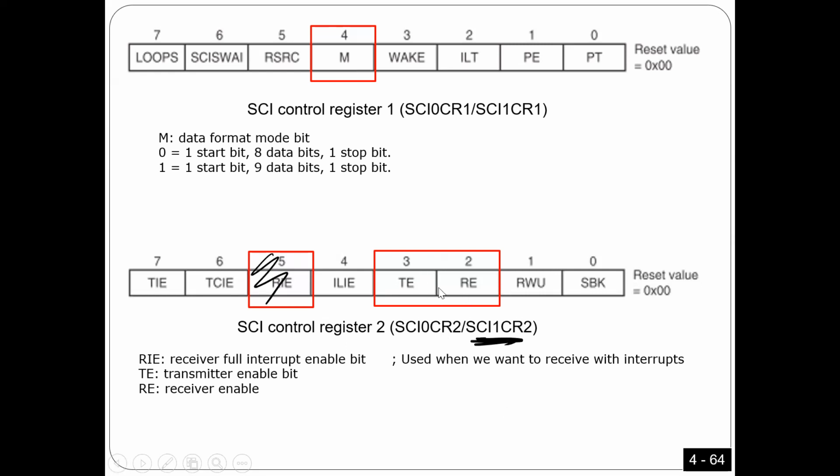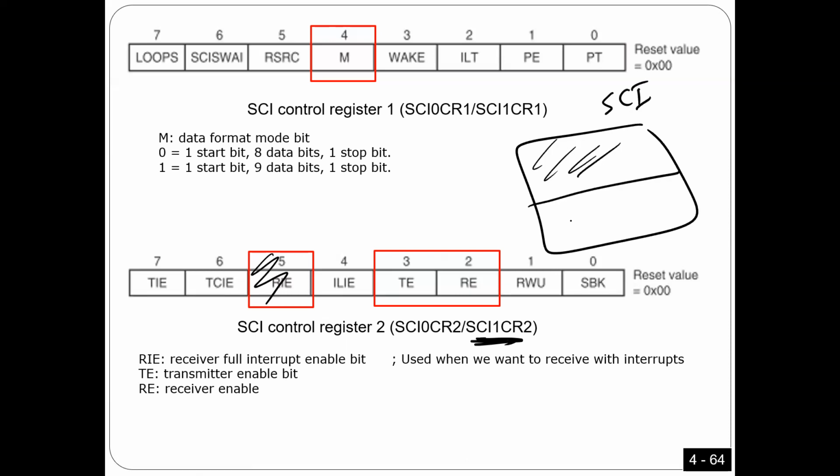Now, we have another two bits here, guys. If you look at SCI, every SCI has two separate circuits, one for transmission and one for reception. So here we have two bits, one for the transmitter and the other for the receiver, to enable or disable.